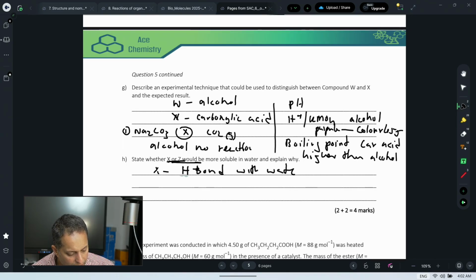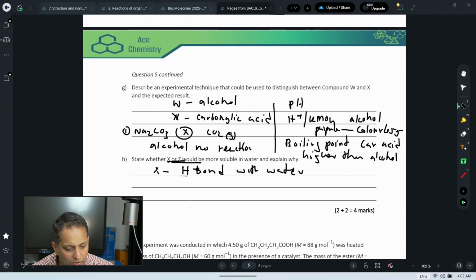Both are polar. But the ester, look, the ester hasn't got a hydrogen bonding hydrogen. Ester can only make dipole interaction. Okay, what's the answer?